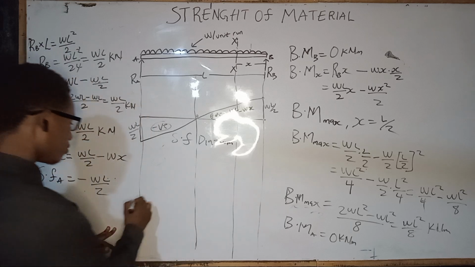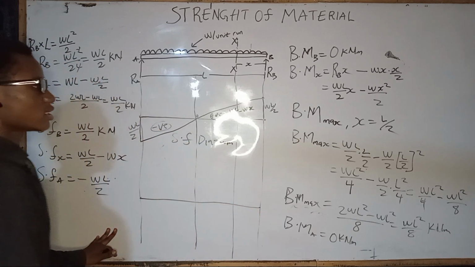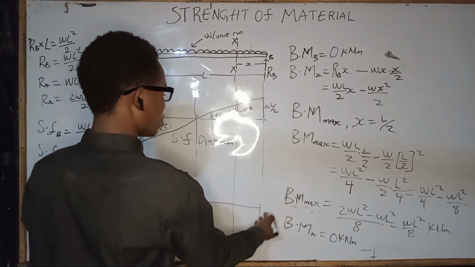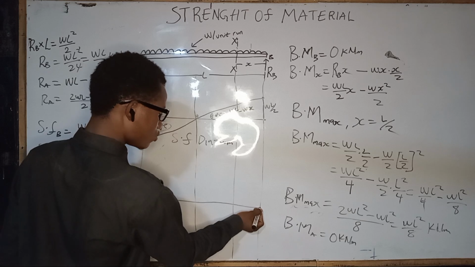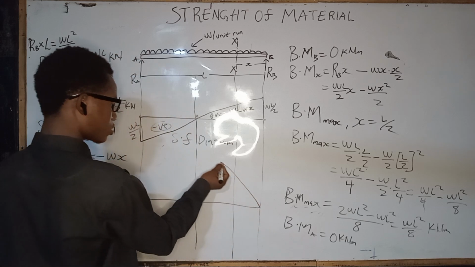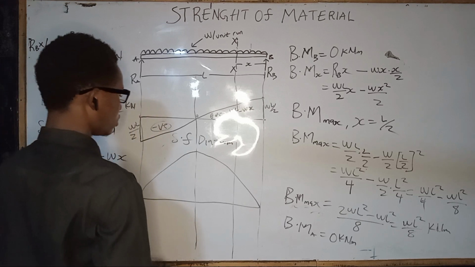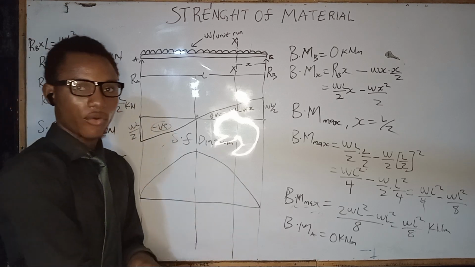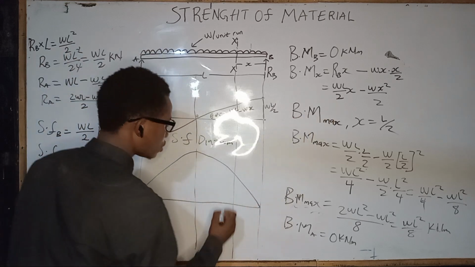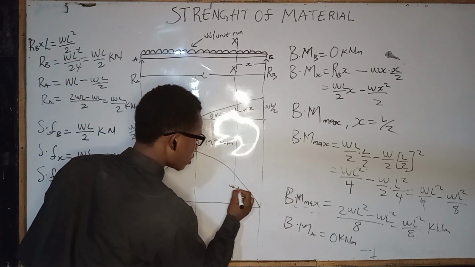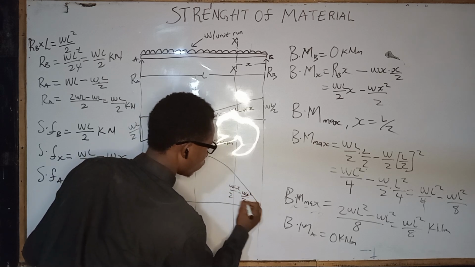Then for our bending moment diagram, the bending moment at B is 0, the bending moment at A is 0, then the diagram would look something like this, in a curved form. This point here is WLx over 2 minus Wx squared over 2.